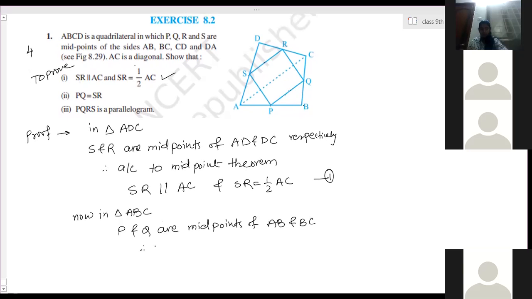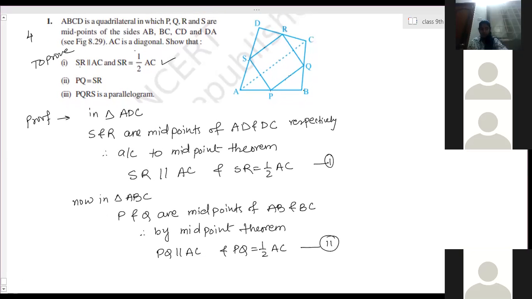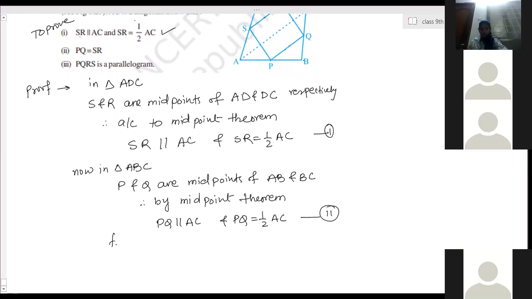So therefore, by the midpoint theorem, PQ is parallel to AC and PQ is half of AC. So from 1 and 2, SR is parallel to PQ and SR is equal to PQ.